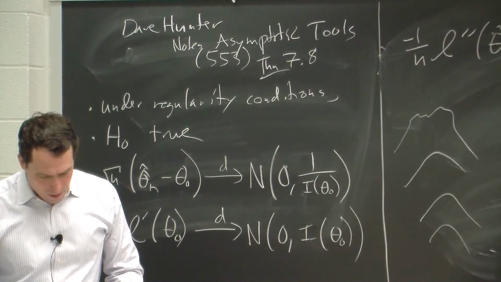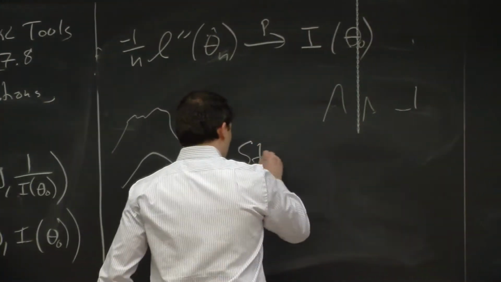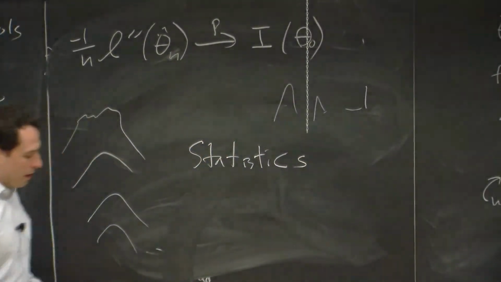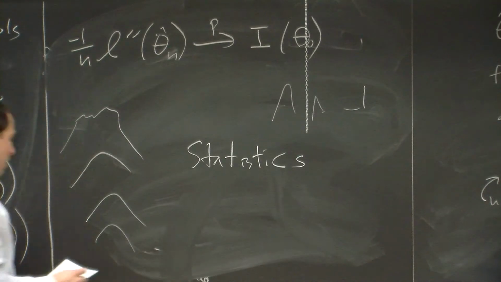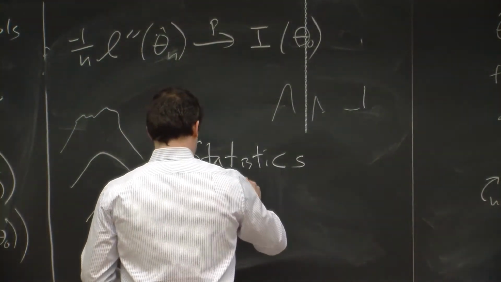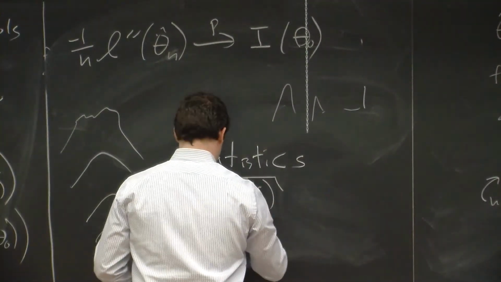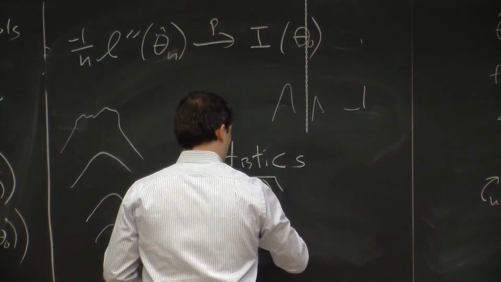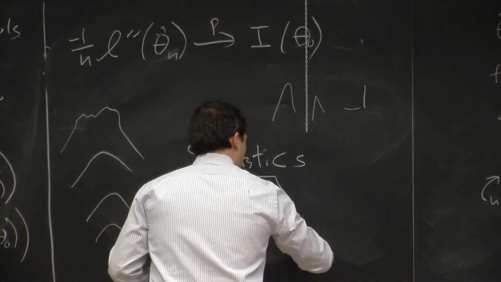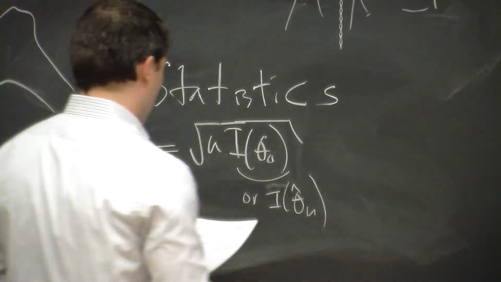Okay. So given that, we get test statistics, or equivalently procedures for constructing confidence intervals. Our Wald test statistic is root n times I of theta naught, which because of this, we can replace with I hat, like the information at the MLE, if we want.